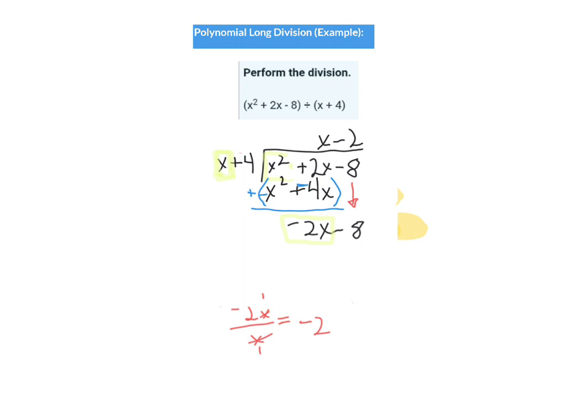Okay, again, we have to distribute and subtract. So let's go there next. We'll take this negative 2 and multiply it by the x plus 4. On our scratch work, that looks like this: negative 2 times x plus 4.